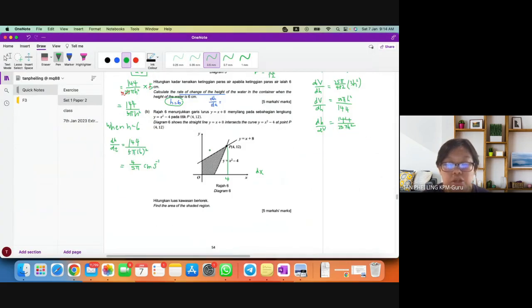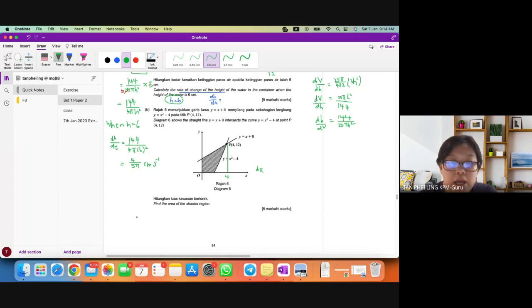Okay, so just now I mentioned already, you have to do the dx. Why? Because this area duduk atas x. So the region is here. So let us do it where I'm going to integrate the region in green, which is this whole thing. Let me just follow the symbol given. It's easier.